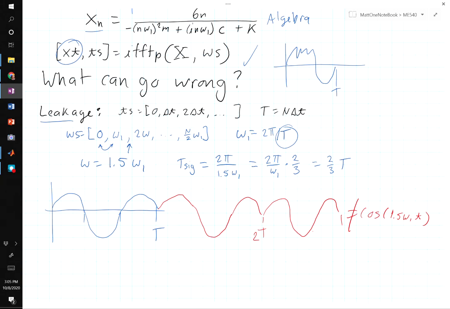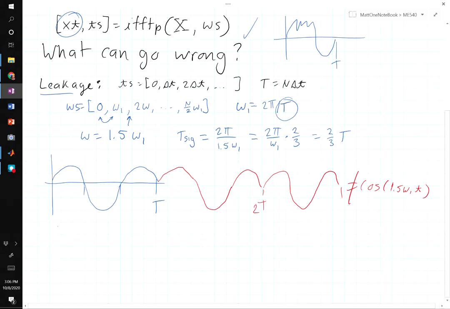So again, this is called leakage, and it's describing a phenomenon where the frequency content doesn't exist right at the spectral lines in the FFT.